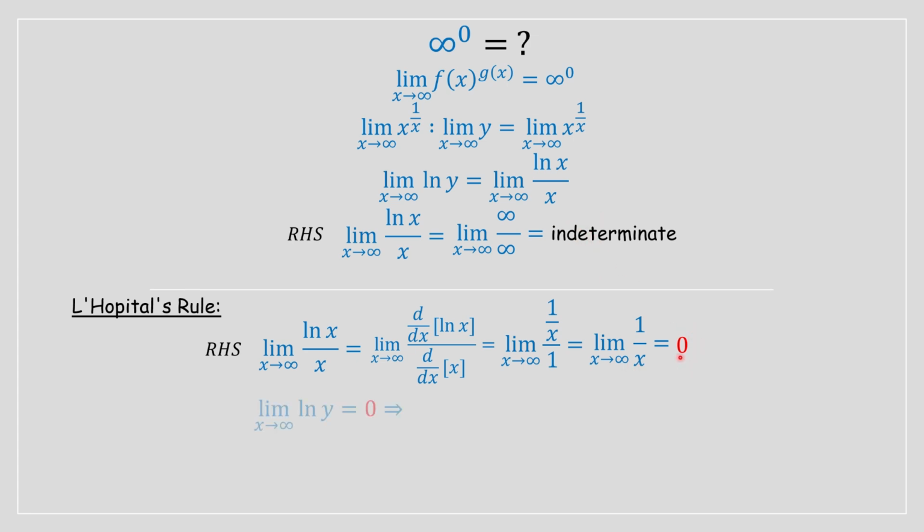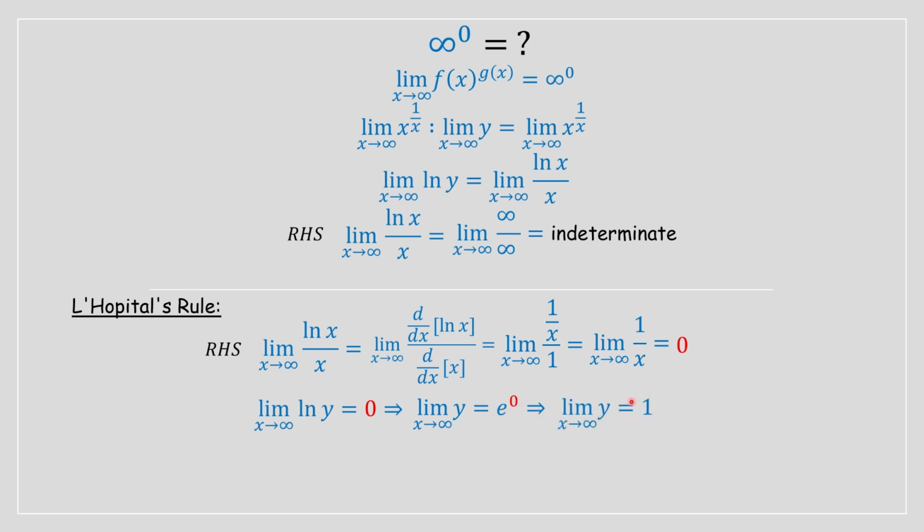Very important. Right, so we are going to replace this 0 inside this equation over here. So we're going to have the limit as x approaches infinity of ln of y is equal to 0. We are going to apply Euler's number on both sides of this equation, and that's going to eliminate the ln. So we're trying to solve for the limit as x approaches infinity of y, and Euler's number to the power of 0 is just going to be equal to 1.